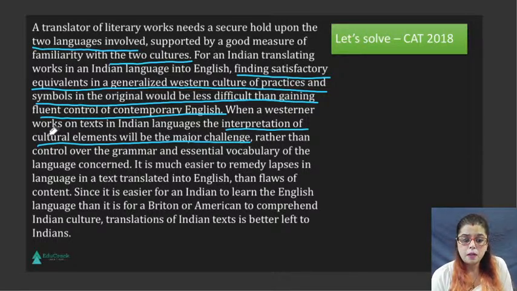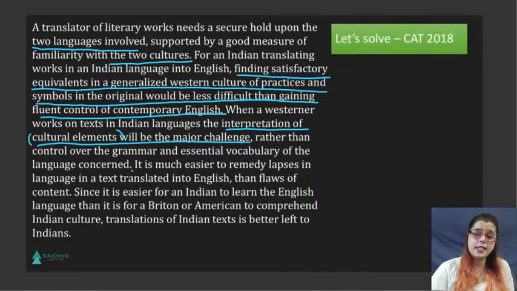So, when a Westerner works on texts in Indian languages, the interpretation of cultural elements will be the major challenge, rather than control over the grammar and essential vocabulary of the language concerned. So a Westerner may have a little less understanding of Indian culture. They may have a greater understanding of the language or the vocabulary, but culture may be an issue for them.